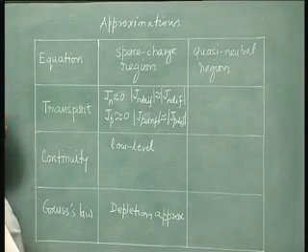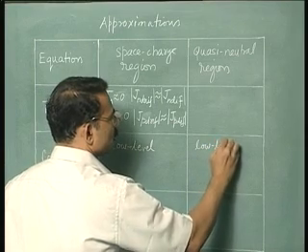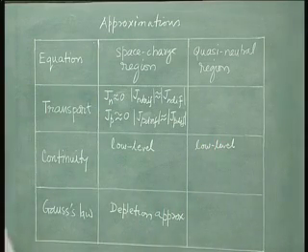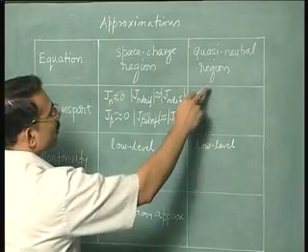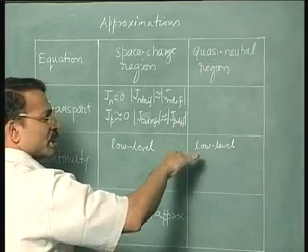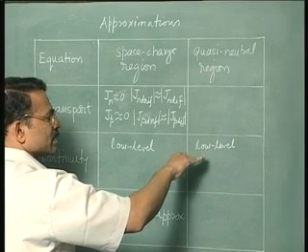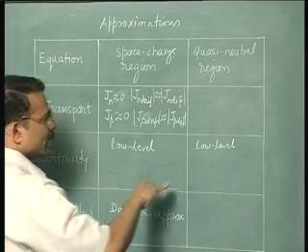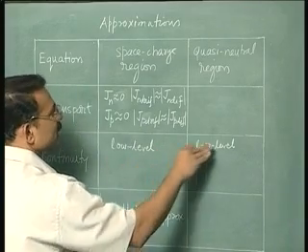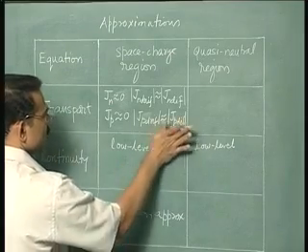And since we will assume low level conditions everywhere, strictly speaking this low level assumption should be listed in quasi neutral region, because only there you have high concentration of majority carriers and low concentration of minority carriers. In the depletion layer the carrier concentration really does not exist, so we must list it under quasi neutral region and not under space charge region.